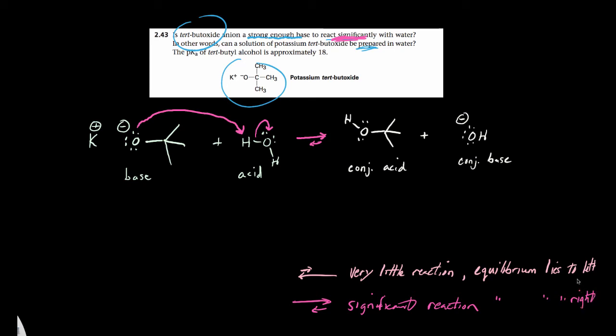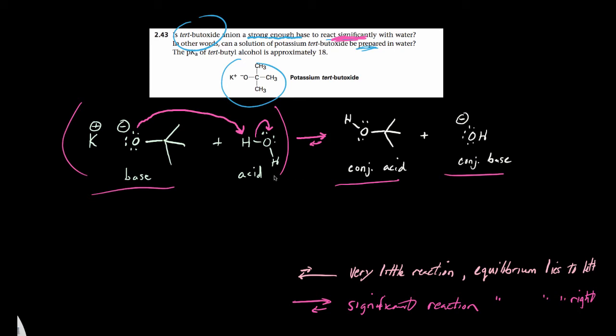If the equilibrium lies to the right, that means there is a significant reaction, and when you put potassium tert-butoxide into water, this is what happens. You have tert-butanol and OH-, which means you can't prepare a solution of potassium tert-butoxide in water. Otherwise, if the equilibrium lies to the left, there's very little reaction. You can put potassium tert-butoxide in water, and maybe a little of it will turn into tert-butanol and OH-, but at equilibrium, you still have potassium tert-butoxide in water.